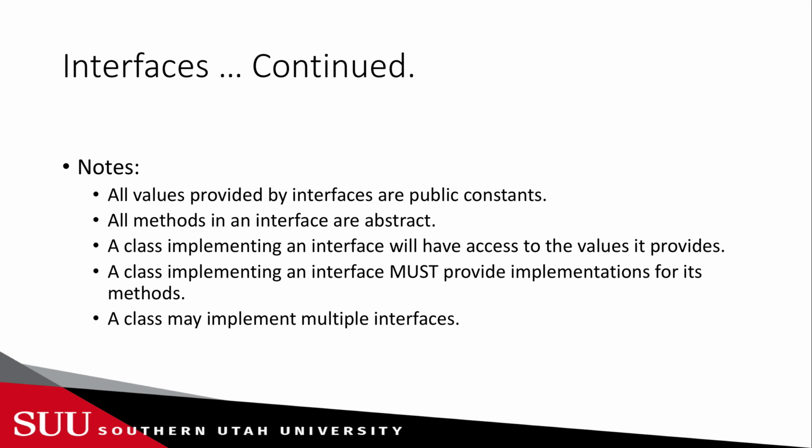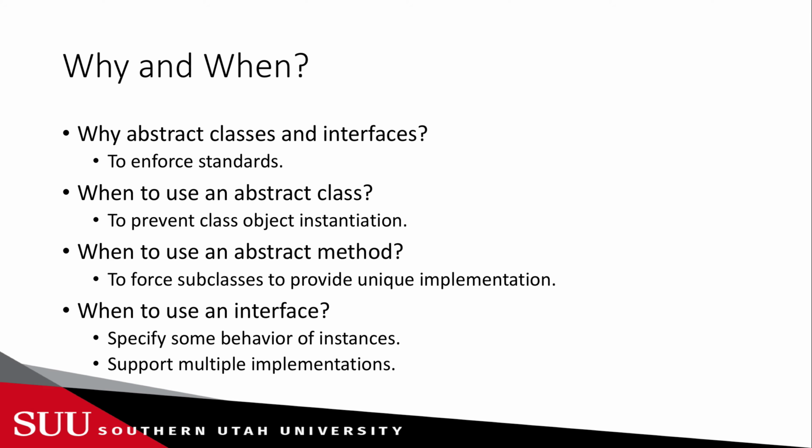So if we have interfaces and we can implement interfaces, why do we need abstract classes then? Let's see. Abstract classes enforce standards. So when do we use an abstract class and when do we use an interface? Both of them enforce standards.